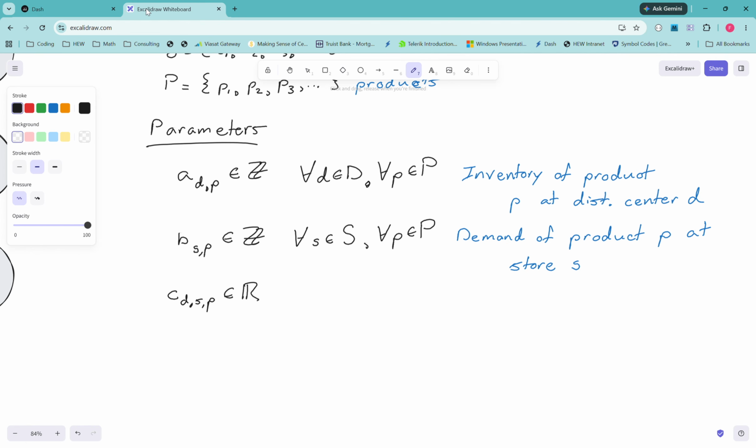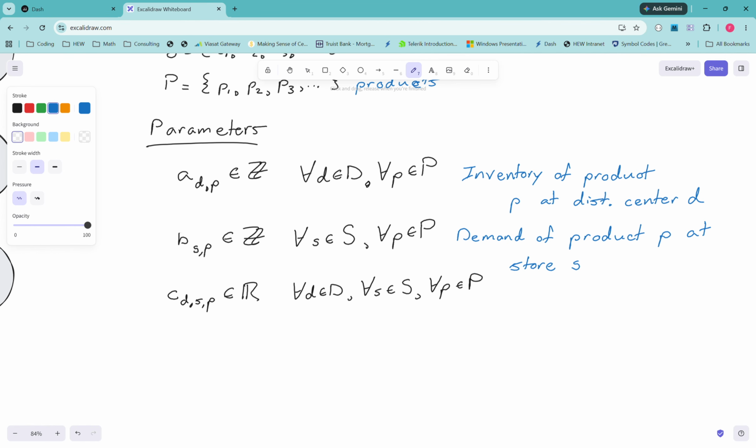All right, so now we need to write one of these for every combination that we have. So that'd be for every D in the set of distribution centers, for every store in the set of stores, and for every product in the set of products.